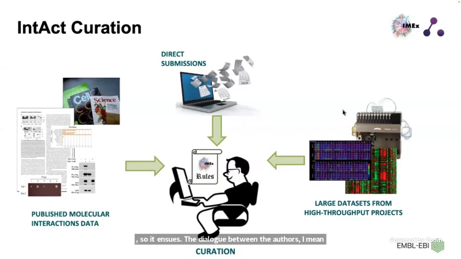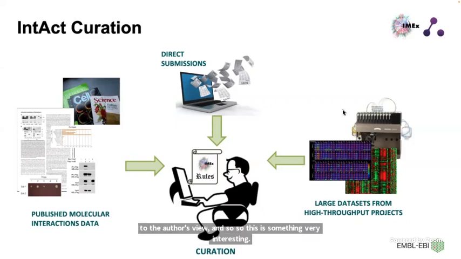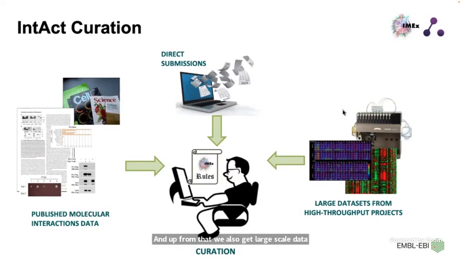It helps us to represent factually correct and optimally aligned interaction data according to the author's view. And so this is something very interesting. And apart from that, we also get large-scale data sets from high-throughput projects.